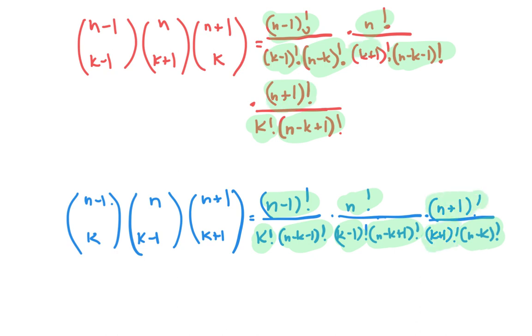So you can see we have the same things written out, so these are obviously the same expression. So that's the Star of David identity, another identity involving Pascal's triangle.